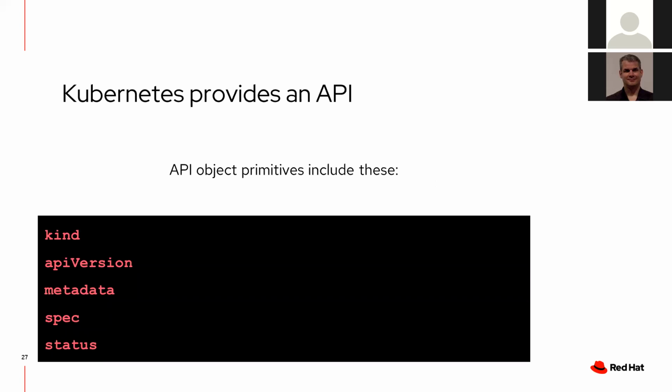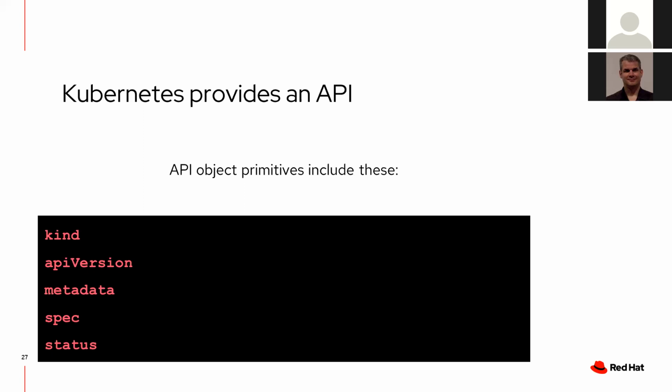And so when we think about Kubernetes and creating and managing these objects, we have an API, and it's a REST-based API. Each API call includes these five primitives, if you can allow me that.